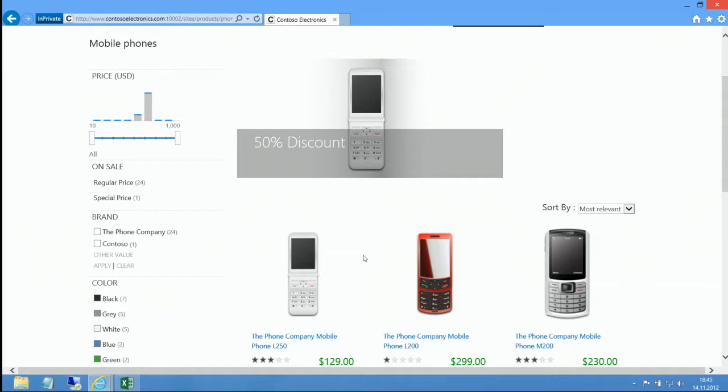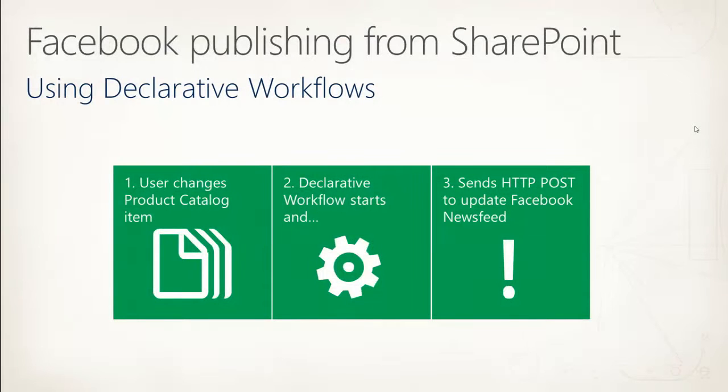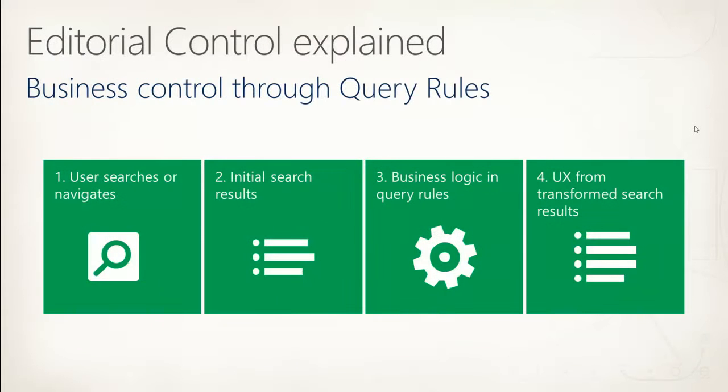So I think this way of actually optimizing the experience is great, and I'll just try to recap it as I understand it. So we have the standard search experience on top of the product catalog, and that provides us with the initial search result. That initial search result will be quite similar for all connected site collections.